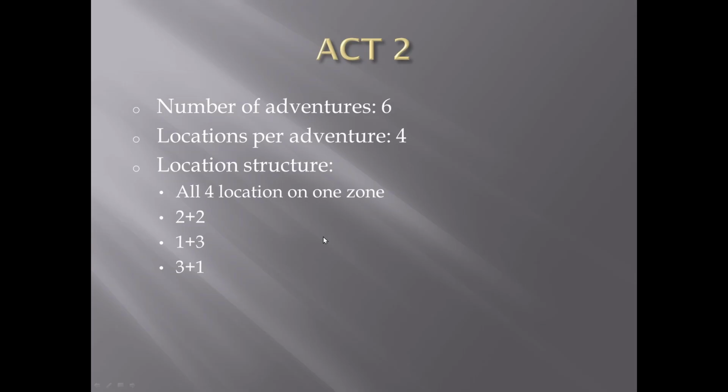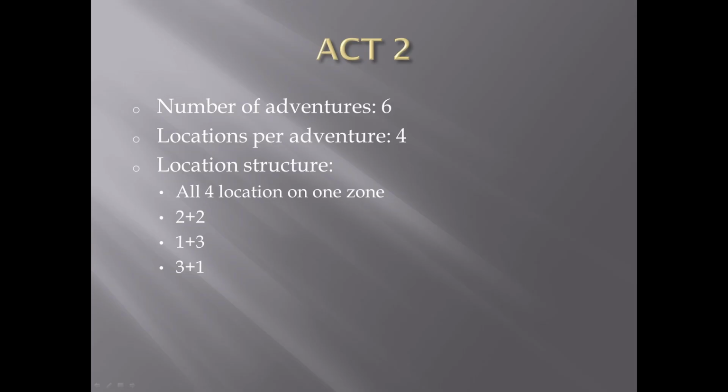So basically something like maybe there is this dungeon or maybe this castle with 3 locations, and then the 4th one is maybe a portal to another dimension where they will chase a boss, and this 4th location is in a different area or different zone. So this is just a rough idea how to use those 4 locations.